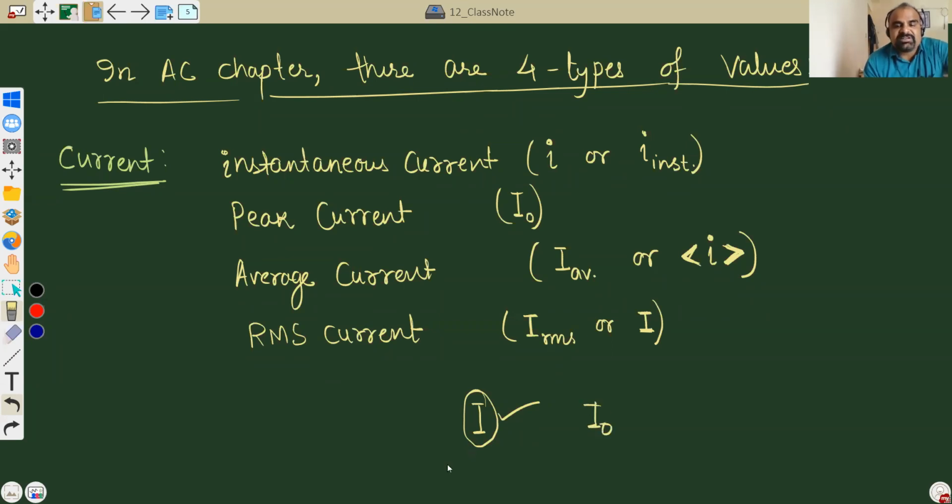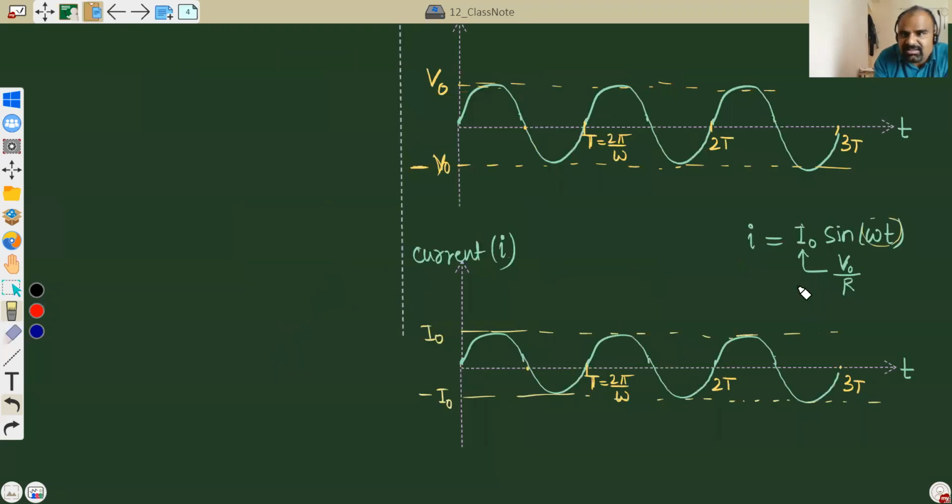Capital I naught represents peak current. Small i represents instantaneous current. Peak means maximum. In the previous page, if this is the current function, then this maximum value of the current is called peak current.